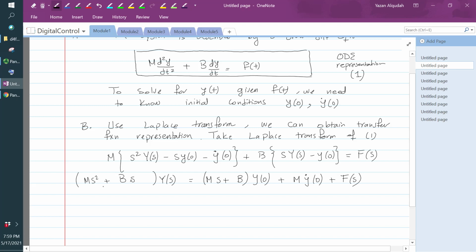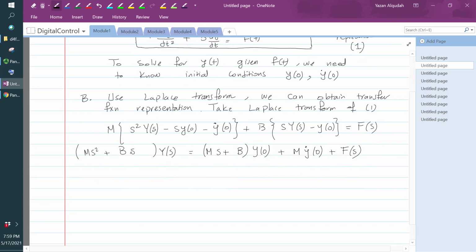So I have ms squared plus bs multiplied by y of s, then the terms coming from the initial conditions, and then the force f of s.